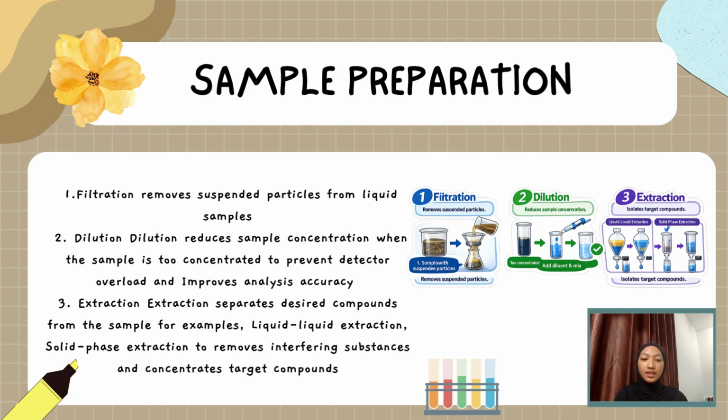Finally, extraction is used to separate the desired compound from the sample. Common methods include liquid-liquid extraction and solid phase extraction. This step removes interfering substances and concentrates the target compound for a better analysis result.